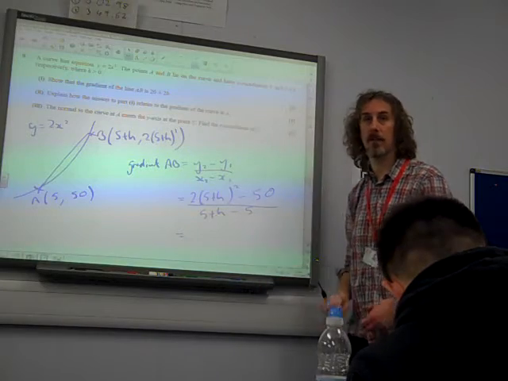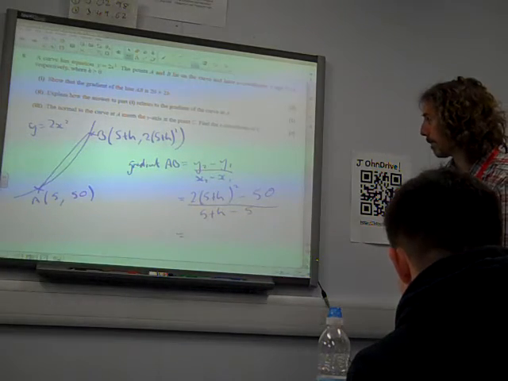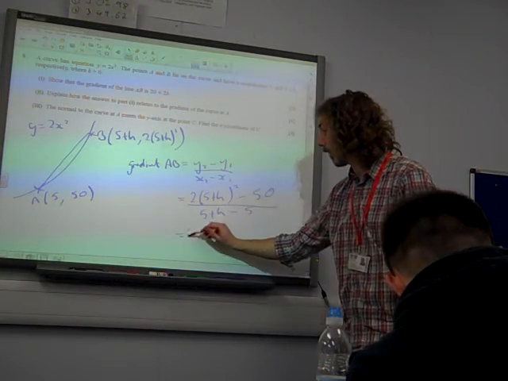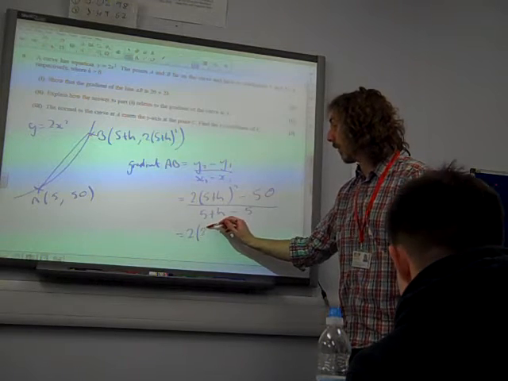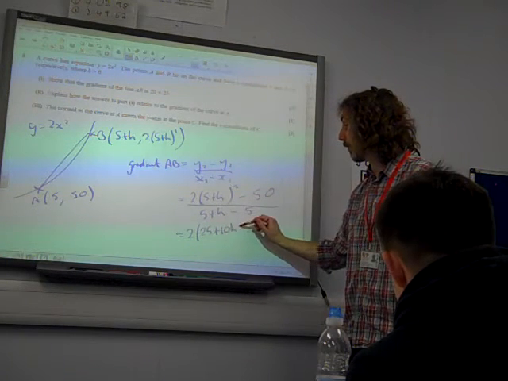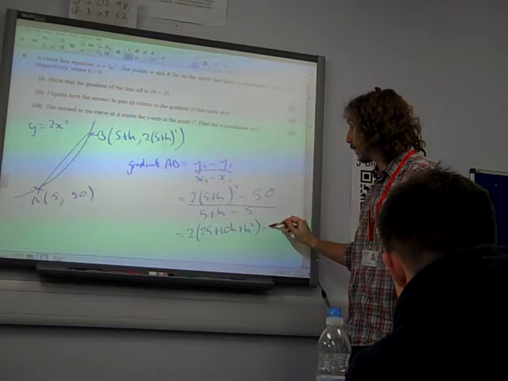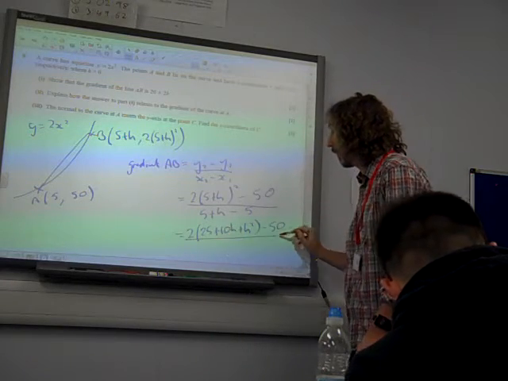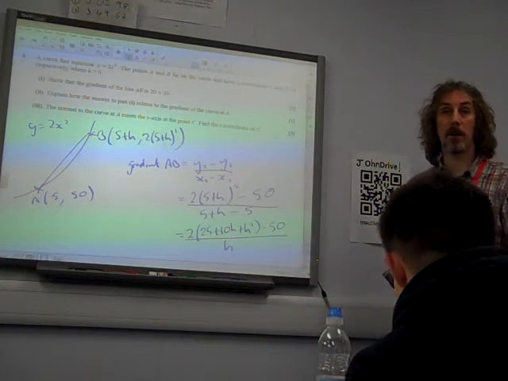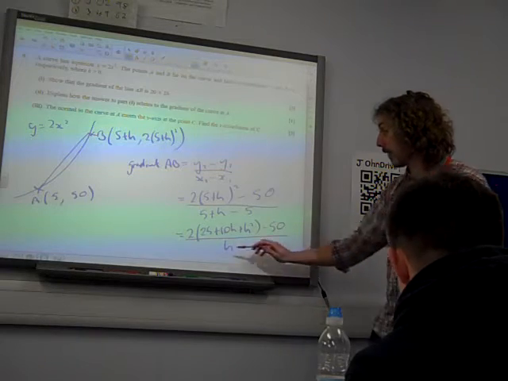If we simplify that, we've got 2 lots of 25 plus 10h plus h squared, take away 50, over h, because 5 plus h minus 5 leaves us with just h.